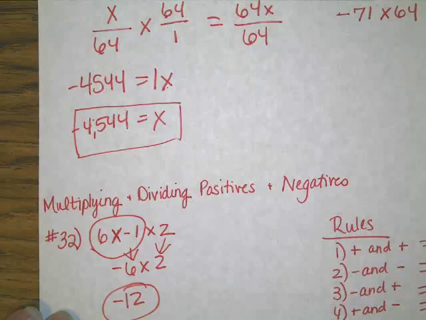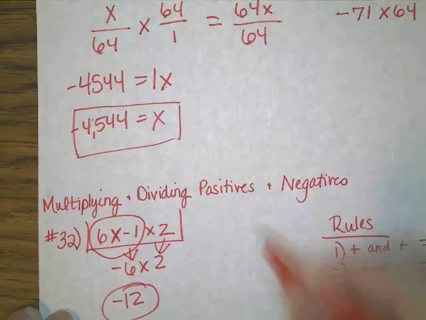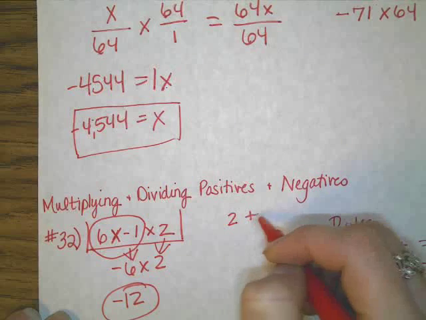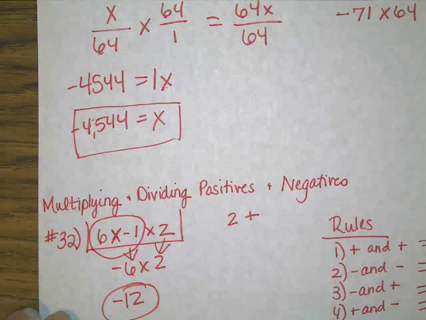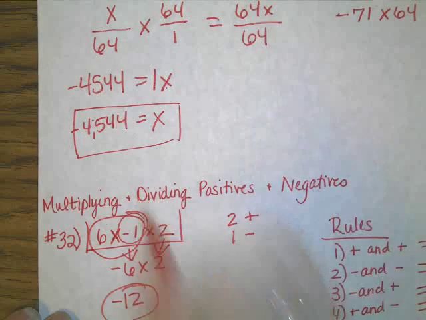Double check to make sure that you got the positives and negatives correctly. In this problem, how many positives and how many negatives do we have? We have 2 positives, right? How many negatives? 1. Right?